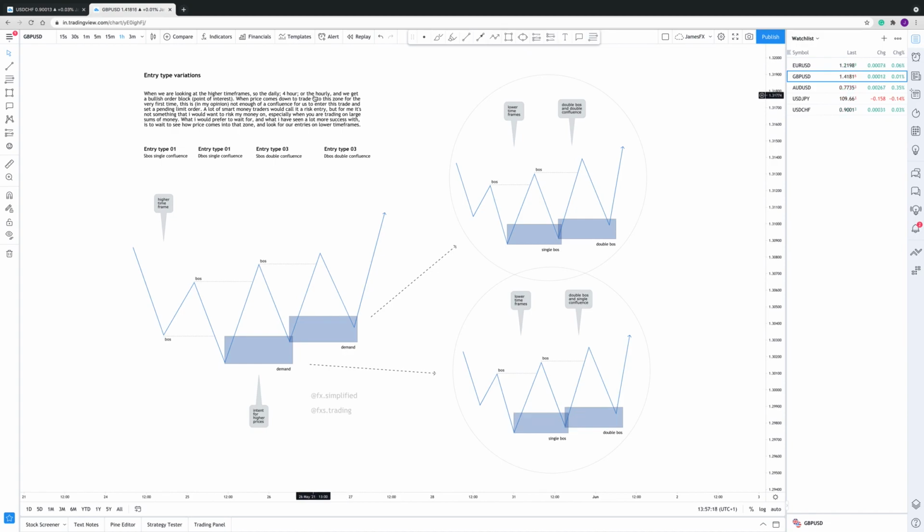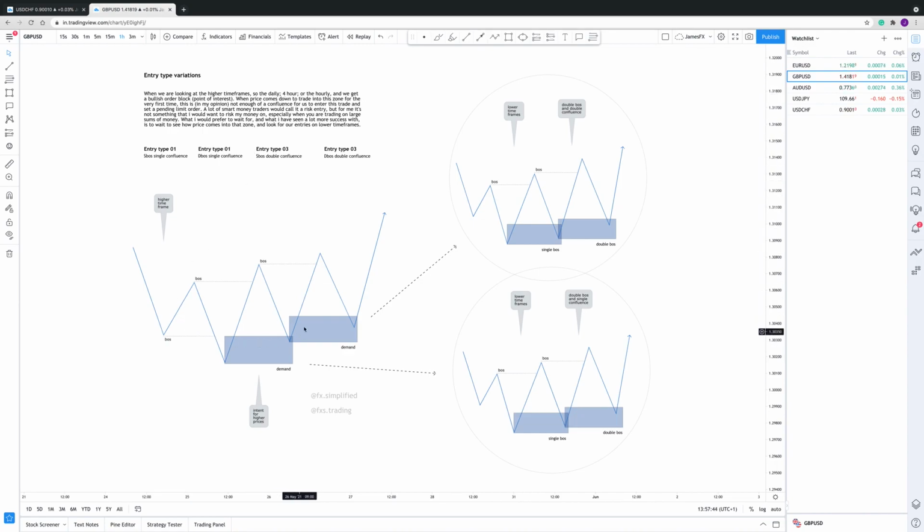Now for you, it could be the 4-hour or even the daily as your highest time frame. It comes down to your own preference and your personality and which time frame suits you the most. You haven't got to use the hourly just because I am. You can use the 4-hour or even higher time frames than that.